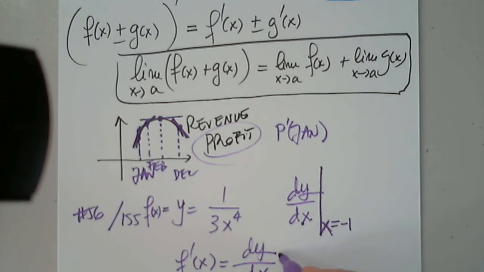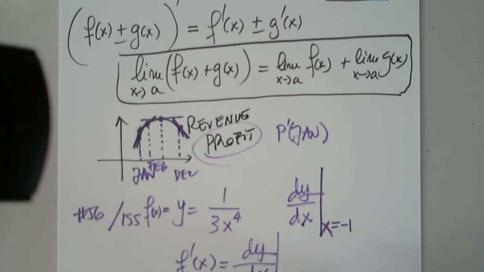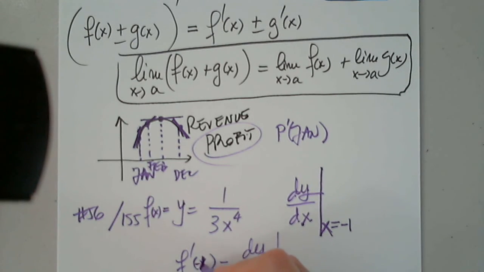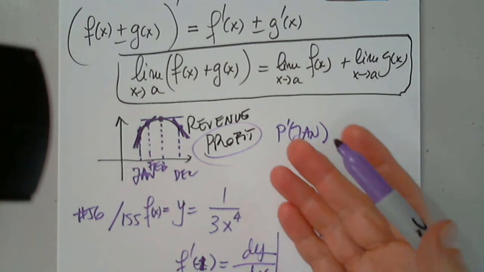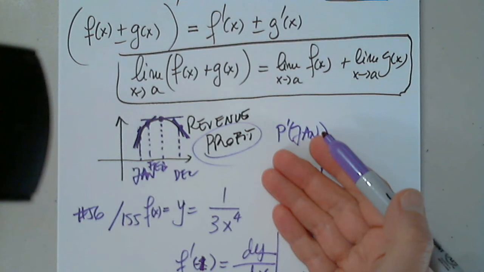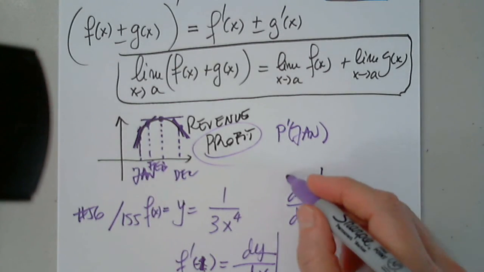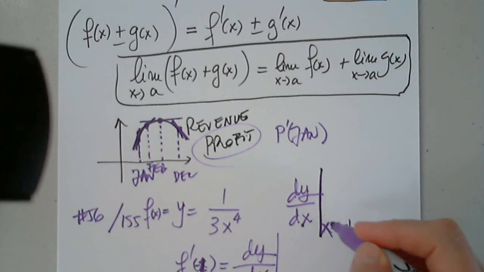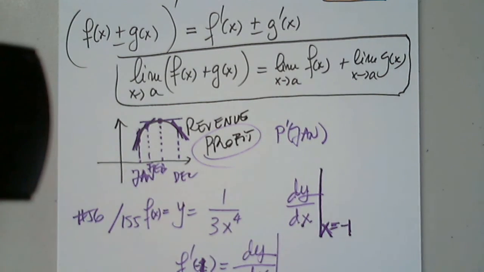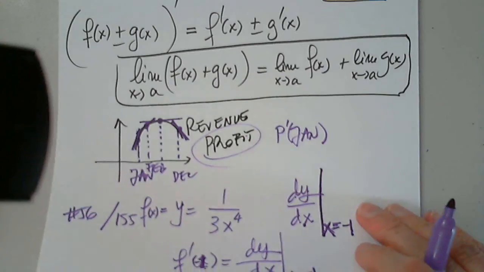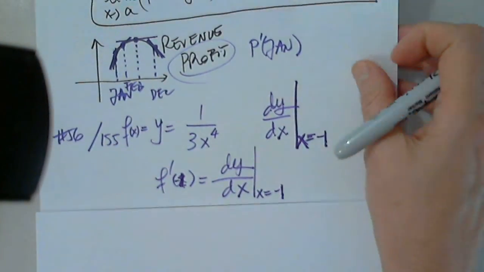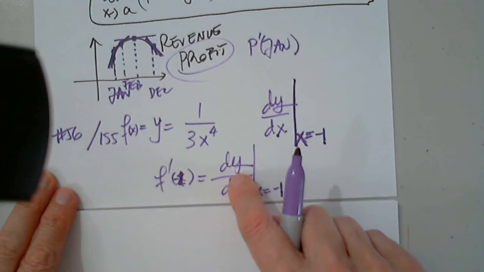This is a more complicated notation, but it's useful. Do you have to use it? Not at this point necessarily. You can just say, I'm denoting y by f of x, and I'm finding f prime of negative 1. Same thing. Or you use dy over dx when x equals negative 1. So first of all, let's find the derivative. This is what we call the Leibniz notation.